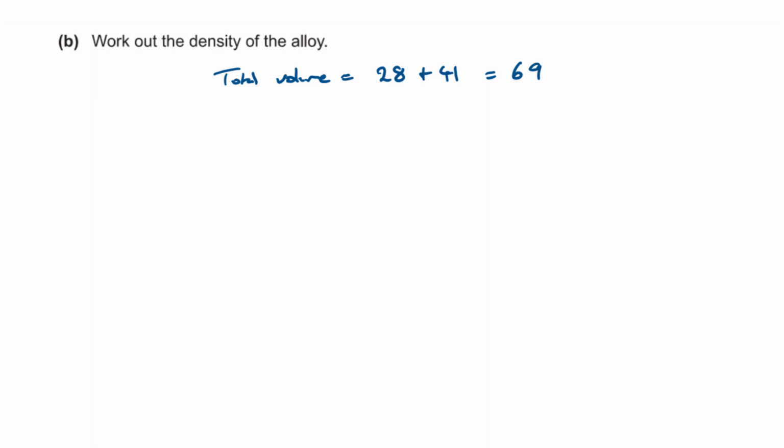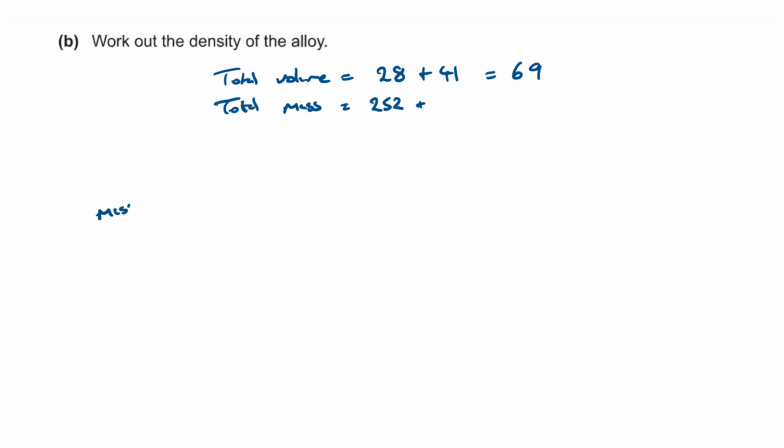Now the total mass. We found the mass of copper already in the last question. It was 252. So we need to add on the mass of the gold. So we need to do a mass calculation then, don't we?